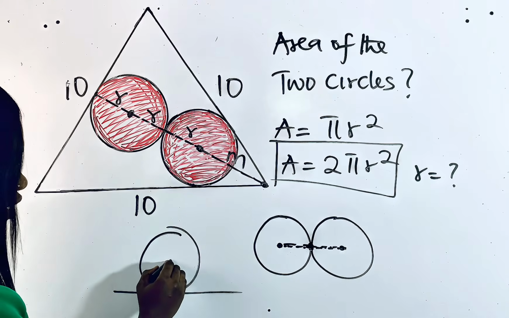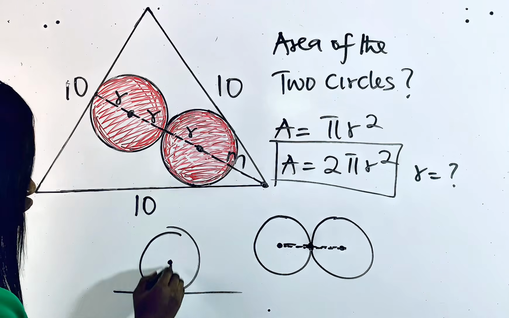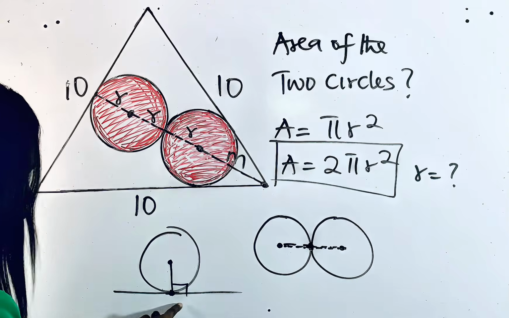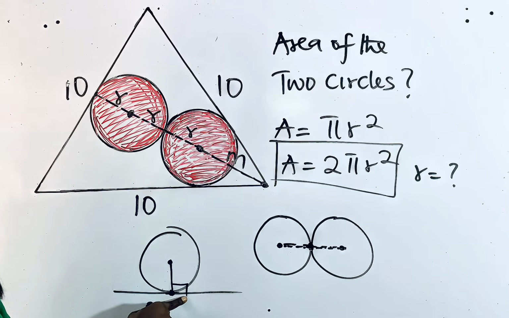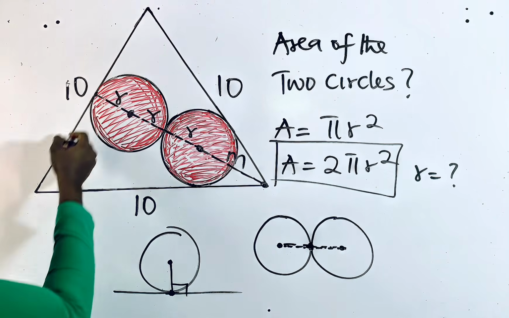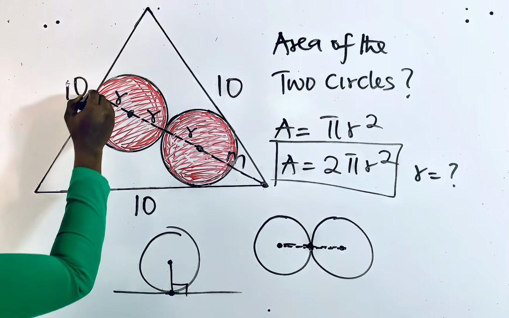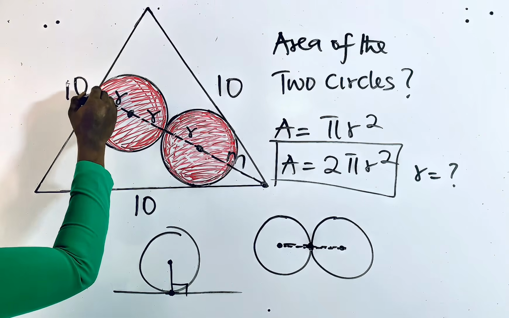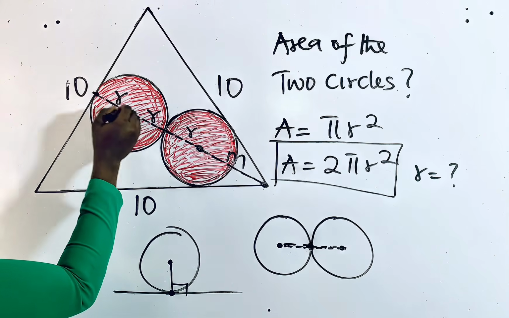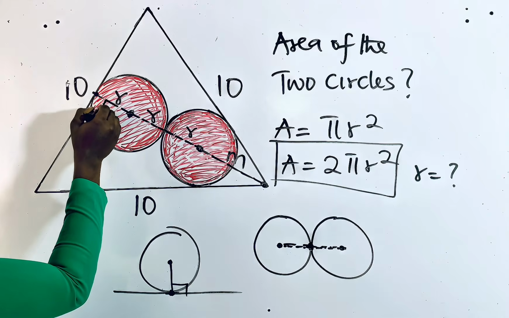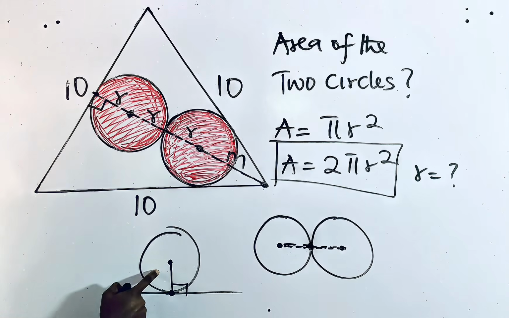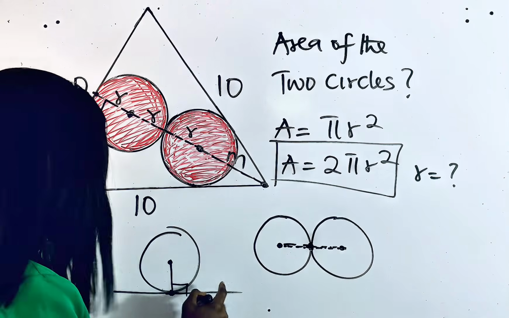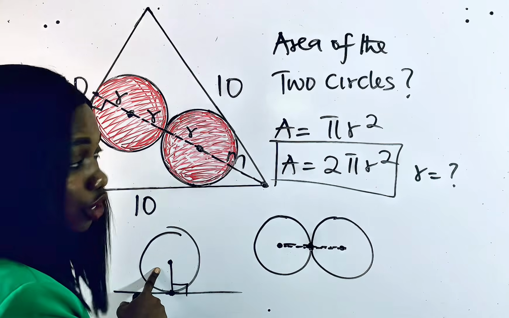Whenever a line from the center touches this point, it's always perpendicular. It makes a right angle at this point. We said this is the tangent line, and this is the point of tangency. Automatically, from here to here is the radius. So it means that this has formed a right angle, obeying the tangent and radius theorem.